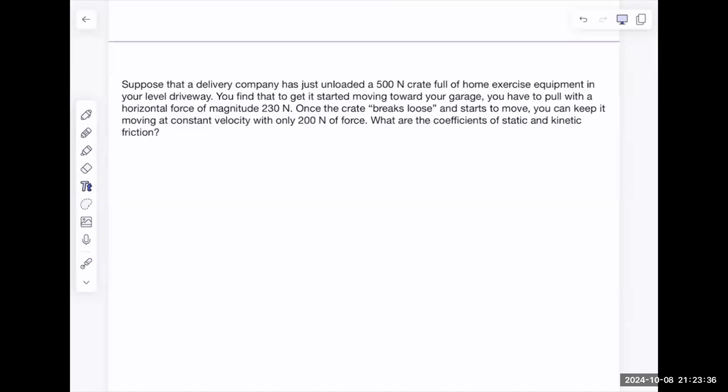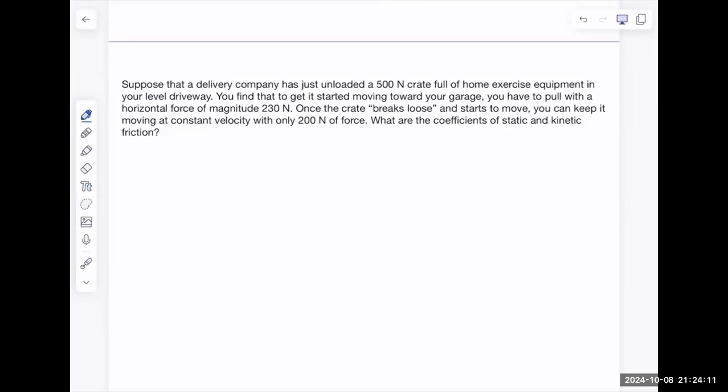Once the crate breaks loose and starts to move, you can keep it moving at a constant velocity with only 200 Newton of force. What are the coefficients of static and kinetic friction? You guys following me? Yeah.